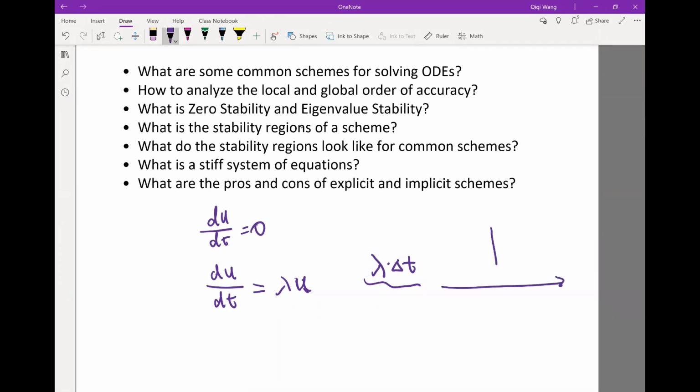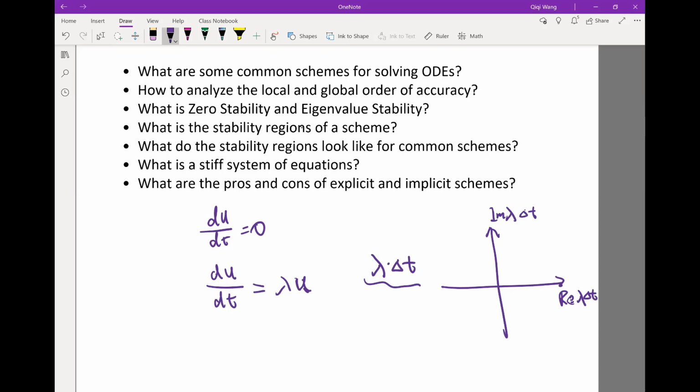A stability region can be plotted in terms of the real and imaginary parts of lambda, or sometimes as the real and imaginary parts of lambda times delta t. If it's plotted in terms of lambda times delta t, the advantage is that you don't have to scale the stability region bigger or smaller if delta t changes. It's going to be a fixed plot. Or you can think of this as the stability region when delta t is equal to 1, and the region would expand in proportion to 1 over delta t.